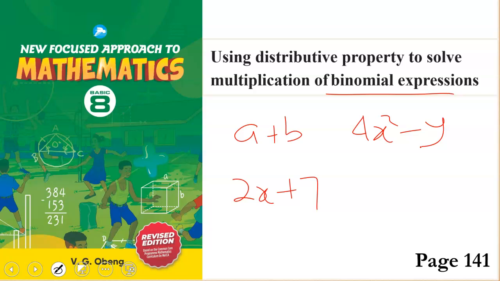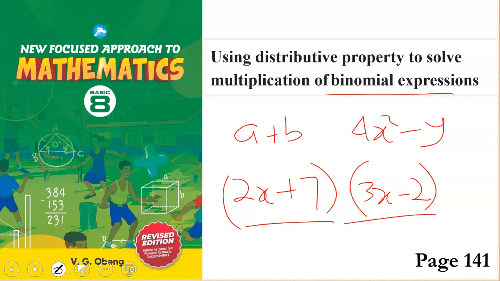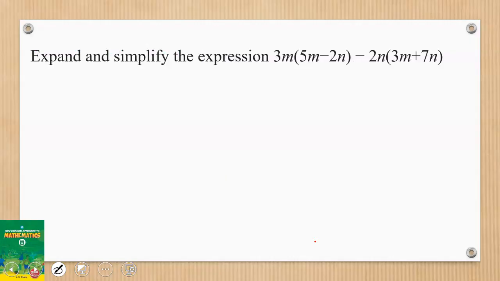So when we have this expression being multiplied by another one, let's say 3x minus 2, then we are doing multiplication of a binomial by a binomial expression, or multiplication of two binomials. That's what we want to do. So we'll take a few examples and see.